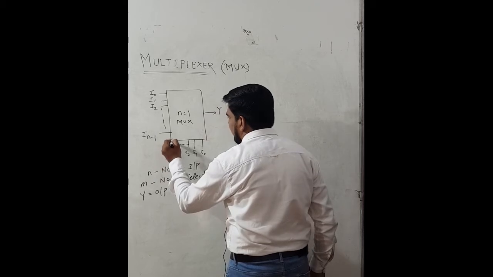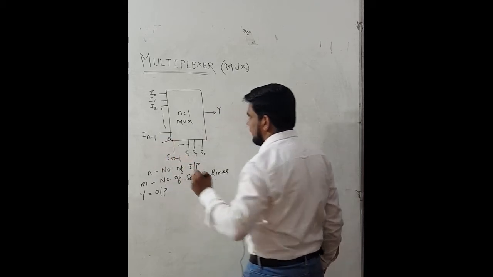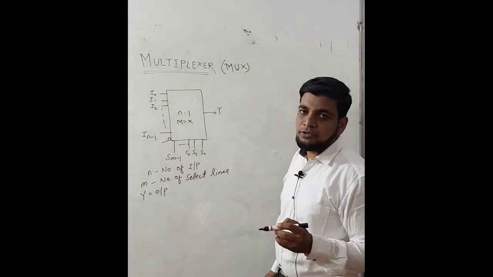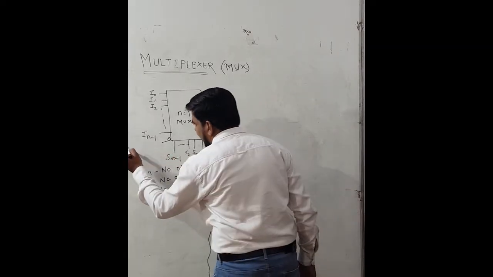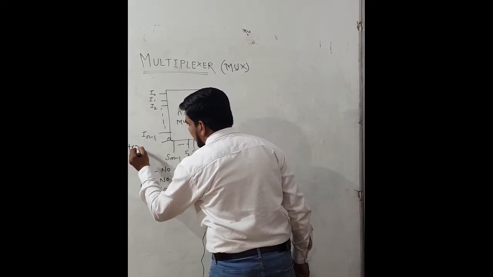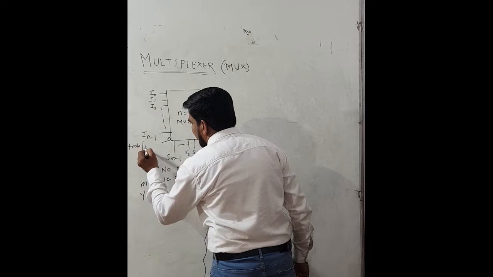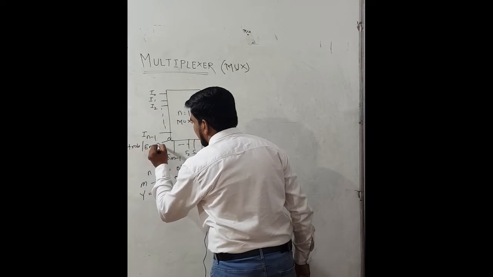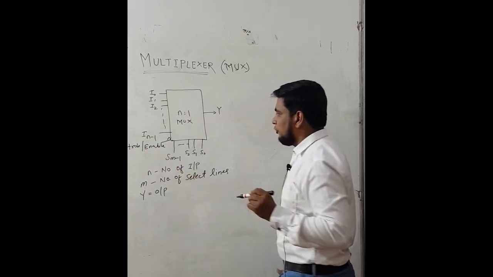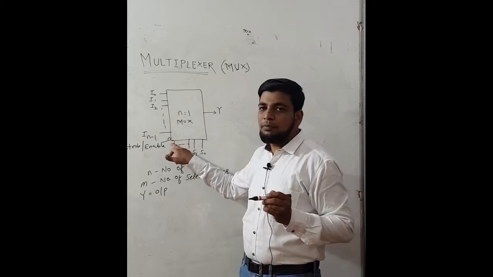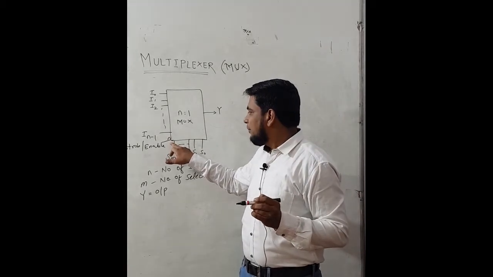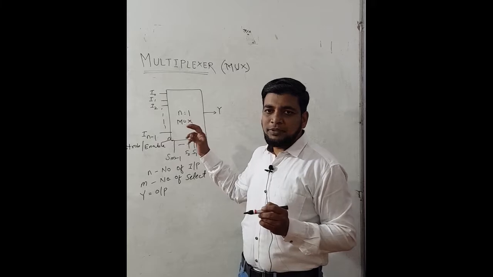One more input is there in the multiplexer, which is called strobe or enable. What is the purpose of this strobe or enable input? It is used for two purposes.